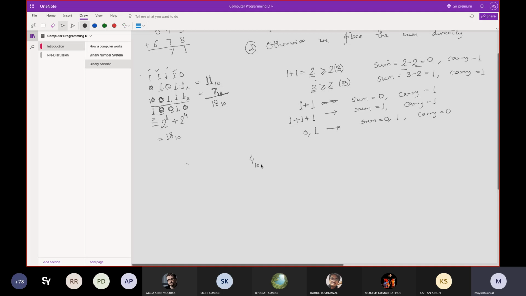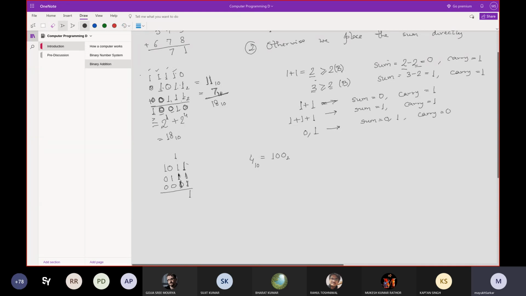4 in decimal is 100 in binary. Now let me show this step by step. Suppose 1011, 0111 and 0001. Let me put another one here as well to make it 4. There eventually a 4 will appear here. So we have 3 ones here. 3 ones means sum 1, carry is 1.